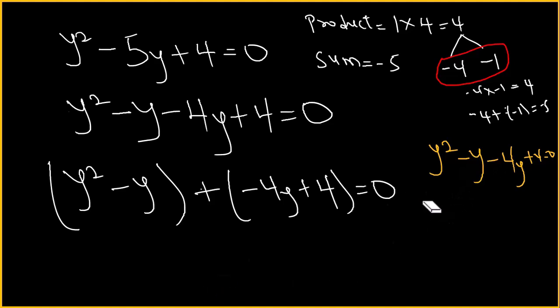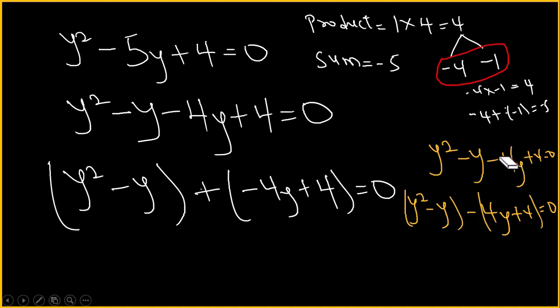They do it this way: y squared minus y minus 4y plus 4 is equal to 0. When grouping the other two terms, they factor out the operation sign this way. This is the wrong thing, because when you try to simplify it this way, you are not going to get back the original.